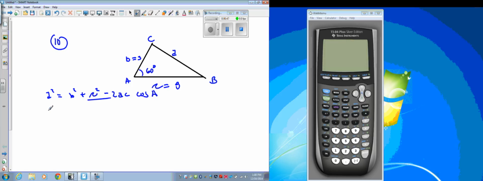So if we substitute in here, a squared equals, and you can do some shortcuts here, 3 squared plus 8 squared minus 2 times 3 times 8 cosine of 60.